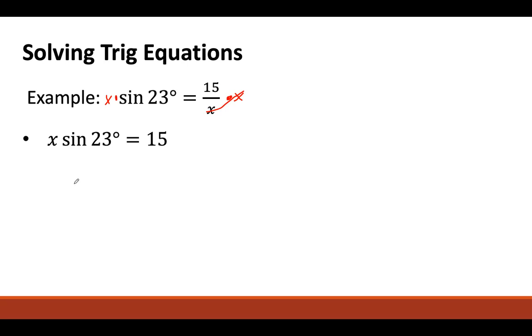So what you'll need to do this time is divide by sine of 23 degrees on both sides of your equation. So when I do that on the left, they cancel, and then I have to do it to the other side of the equation as well.